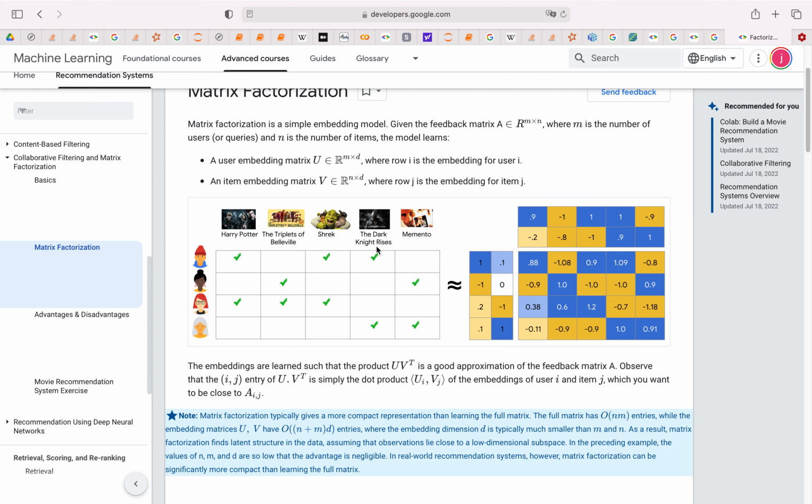It doesn't indicate the user gave feedback or a rating for these movies. So this feedback matrix is essentially binary. We can replace the check mark by 1, and if there's no check mark, it should be 0.